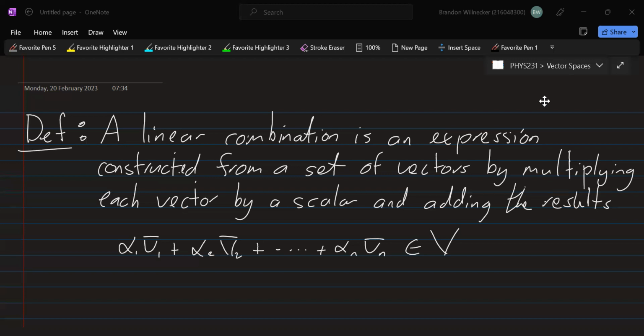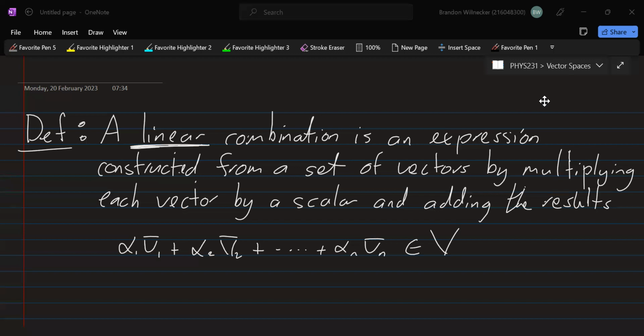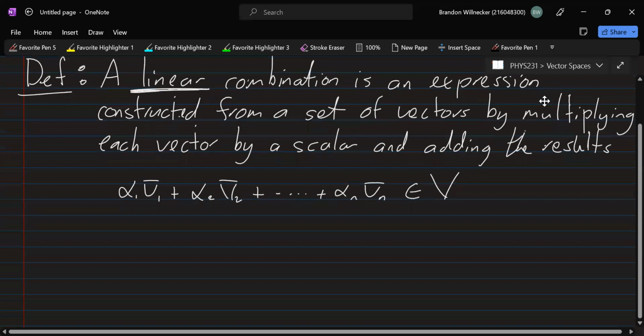Later on, we will talk more about this term here, linear. Okay, so this idea of linear is very important in vector spaces and linear algebra in general, and we will see the importance later on. Okay, so that's a linear combination. The next definition is the span.